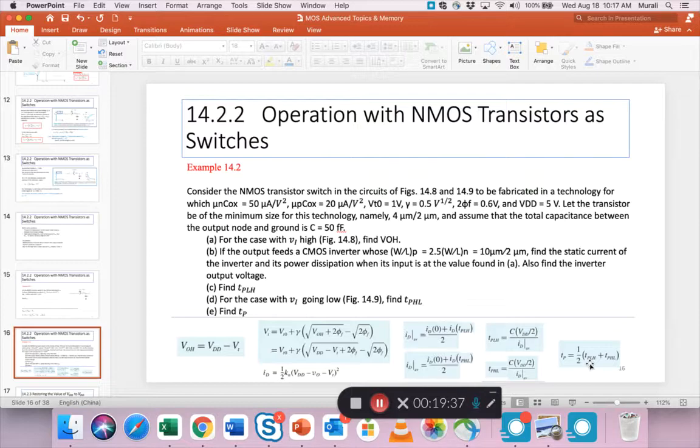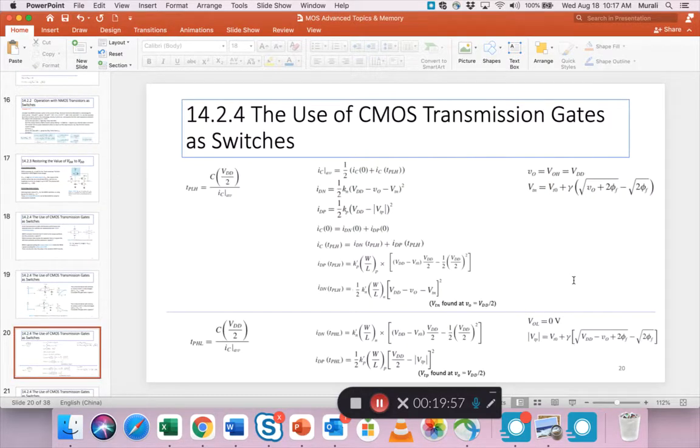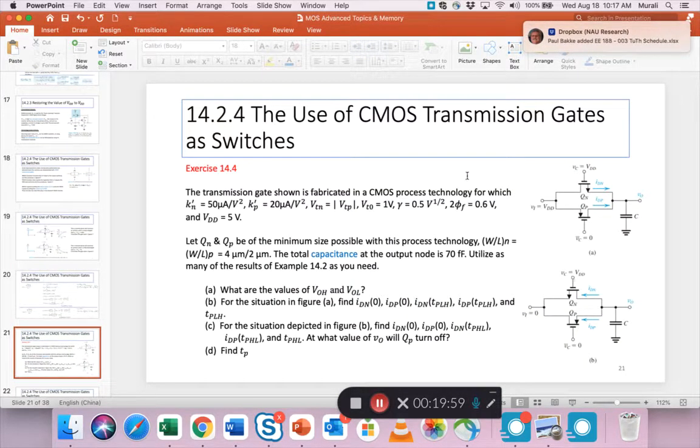Okay? All right, so complicated formulas, but you go through this, you learn a lot about what exactly is happening at the various points in the MOS switch. All right, I'm going to move on to exercise 14.4. Give me a second, I'll be back.